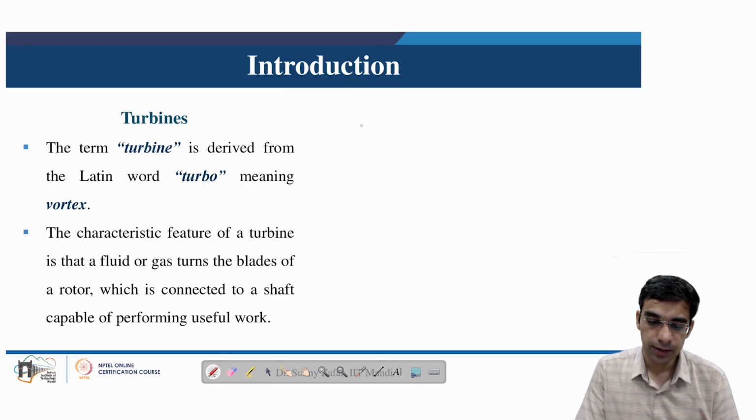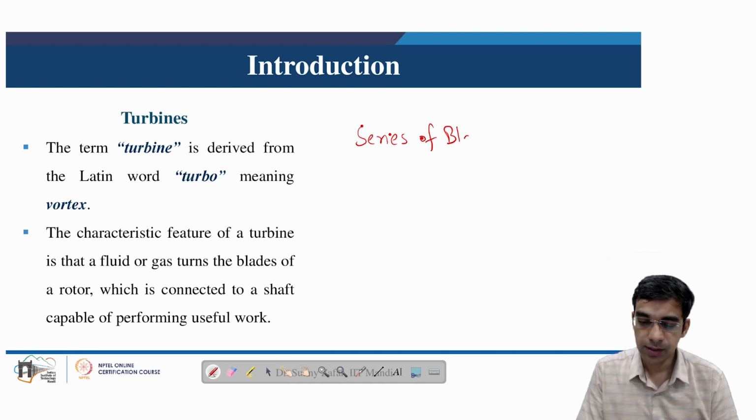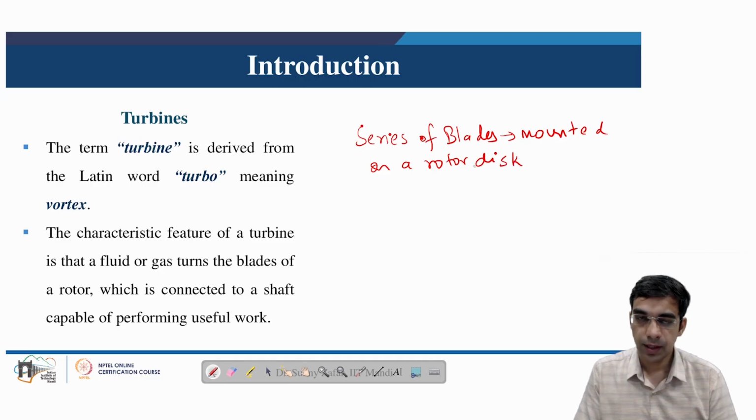There is a series of blades, which are mounted on a rotor disc, and this rotor disc is then mounted on a shaft through which we can extract useful work.